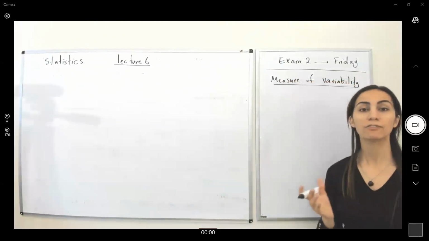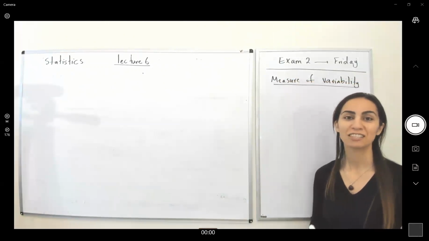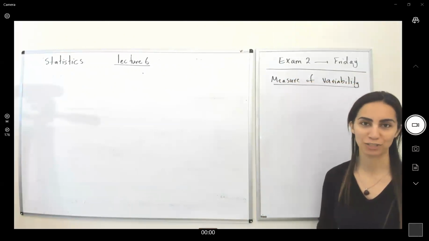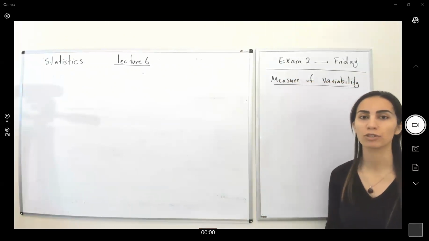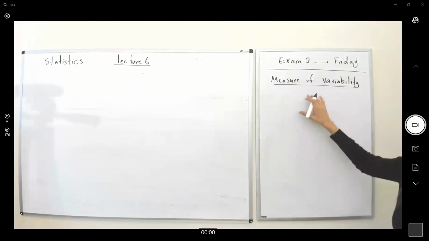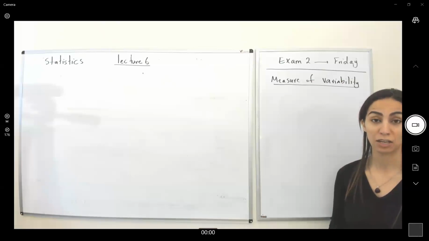So when you have data collection, of course you're interested in finding the center or typical value or balancing point of your data. At the same time, you want to know how your data spread out in that collection. What is the variability in the collection?